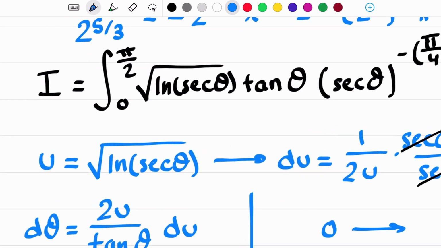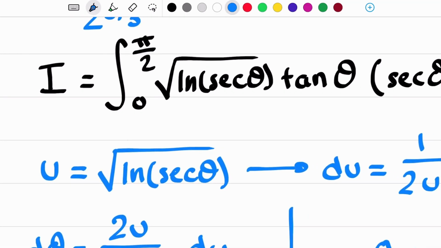And our top bound, pi over 2. So root natural log of secant of pi over 2, which is 1 over cosine of pi over 2. Cosine of pi over 2 is 0. So we have the square root natural log of 1 over 0. Now 1 over 0 is going to approach positive infinity.